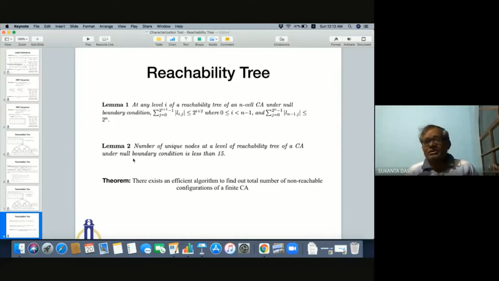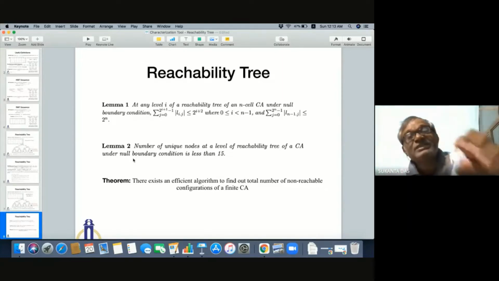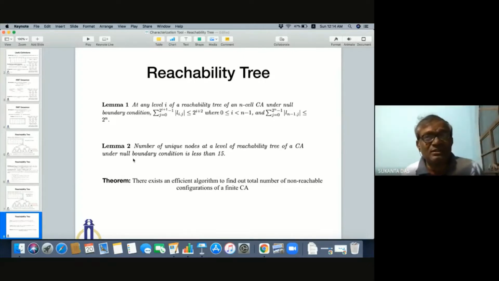We claim here that for many cases, we need not grow it exponentially. Why? Because you will see that in each level there are many duplicate nodes, and the number of unique nodes is limited. For this particular case, it is limited by 15.